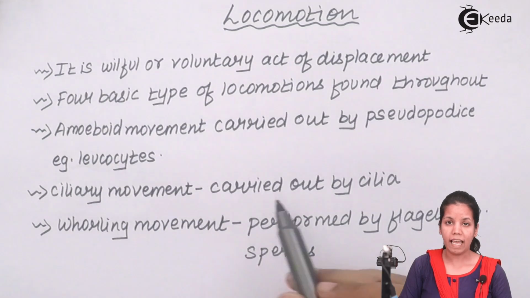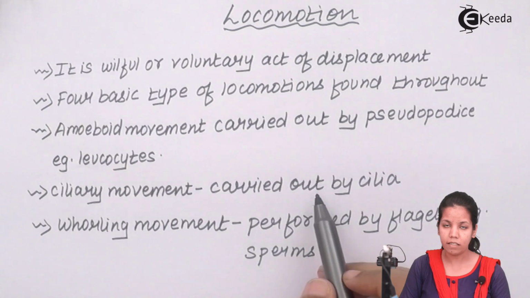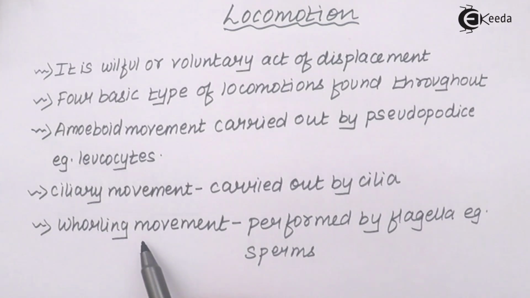Ciliary movements are carried out by cilia or brush-like borders that are present in some organisms, certain parasites or protozoans. Whirling movements are carried out by male reproductive sperm cells.